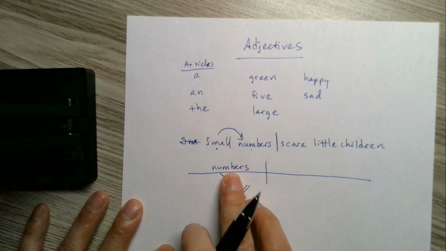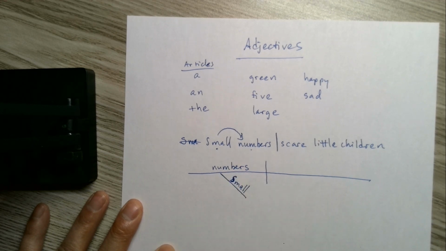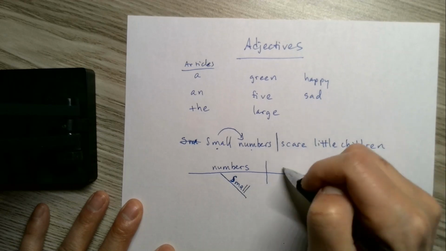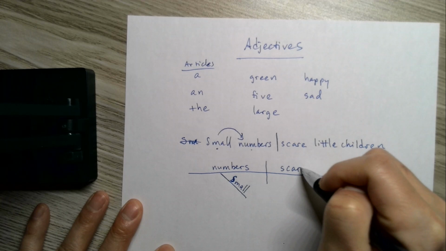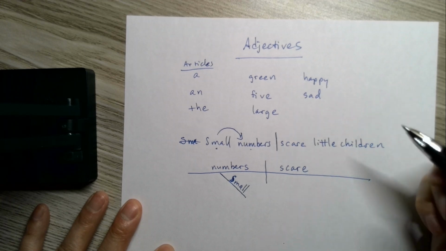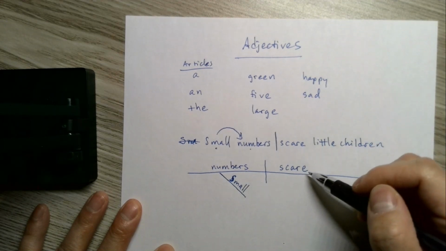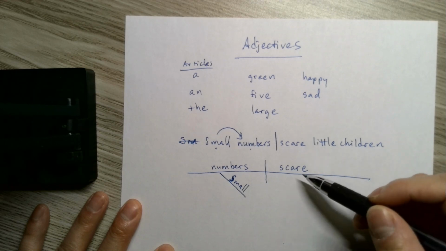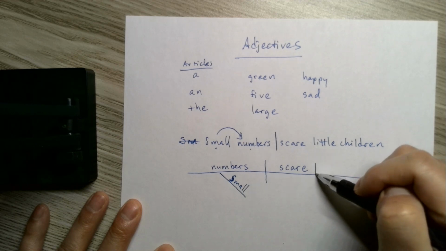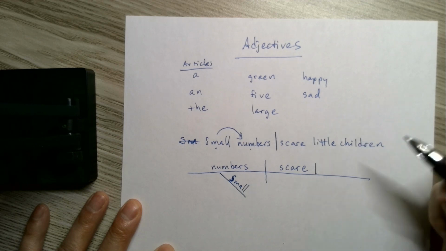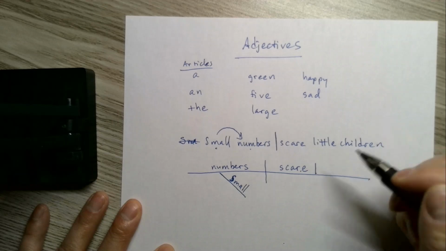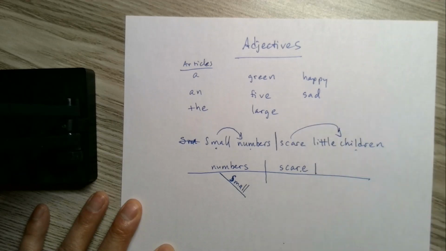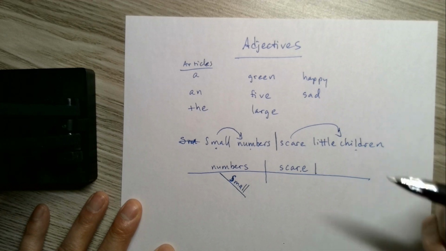Small numbers. Okay, now we move to the predicate. Scare is the verb. And if you remember from last time, if there is a direct object following the verb, you use a vertical line, but you don't go through the horizontal line to separate the verb and the direct object. The direct object here is children. Who are the small numbers scaring?